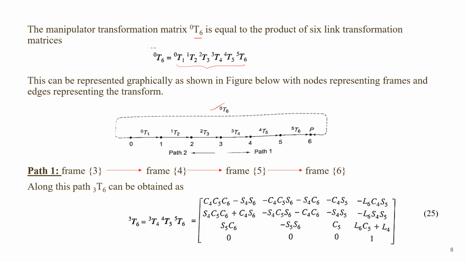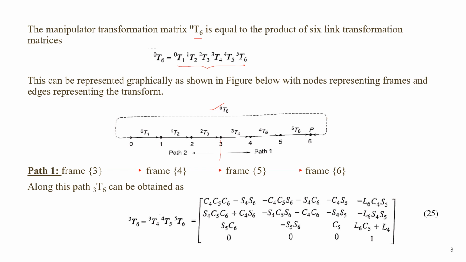Here you can see you have two paths starting from frame 3. Either you can go from frame 3 to 4, 5, 6, or you can go from 3 to 1 to 0 to reach the overall transformation matrix.